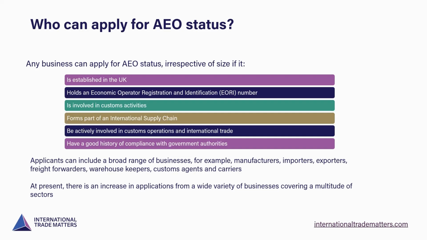It's always the importer and exporter that bears the brunt of HMRC when it comes to customs operations and procedures. And you have to have a good history of compliance with the government authorities. They will look back at all your business transactions to make sure you are compliant. And of course, they will give you the opportunity, if you haven't been compliant, to explain what those issues were and what steps you have taken to correct them.